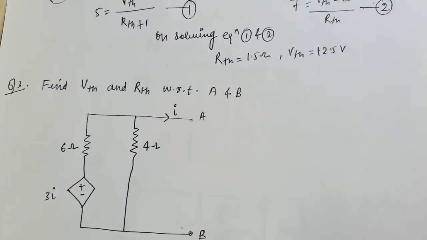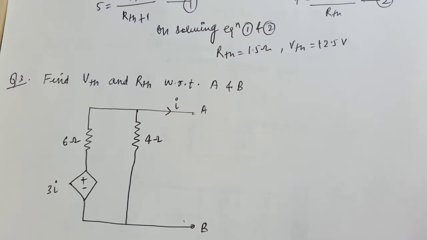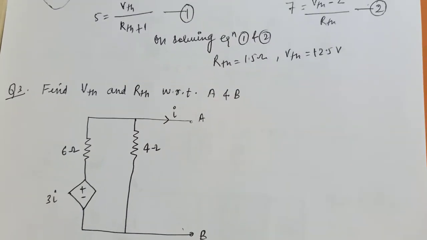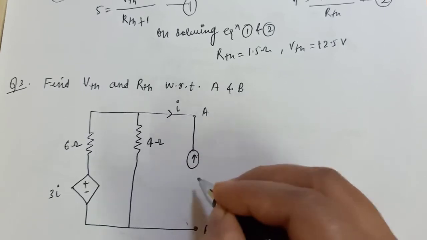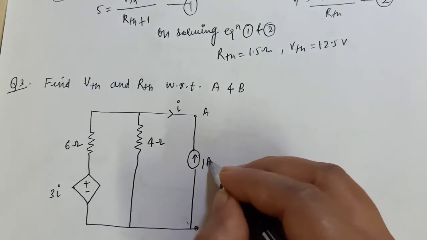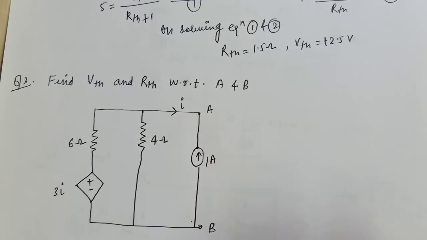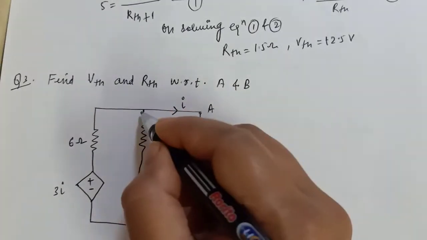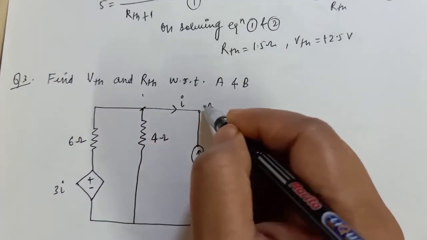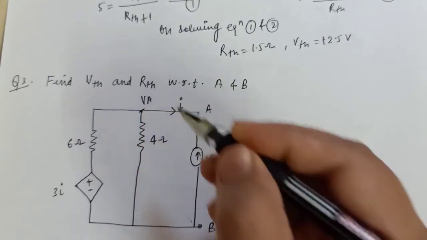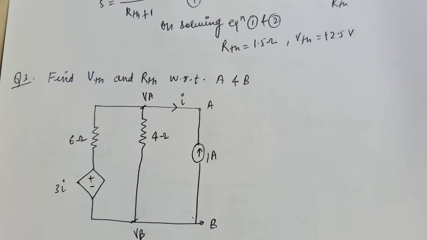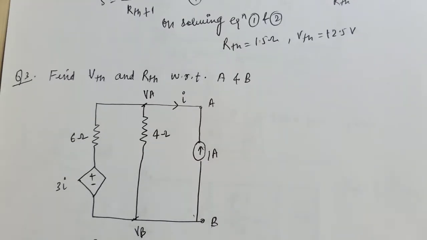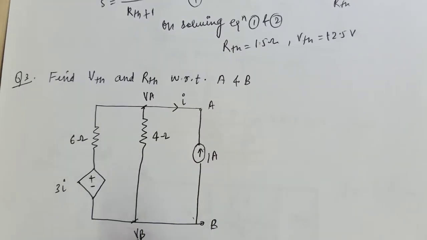So I am assuming the 1 ampere source at this terminal for finding the R Thevenin. Let's say this is your A terminal, so this voltage is VA and this voltage is VB. Clear?